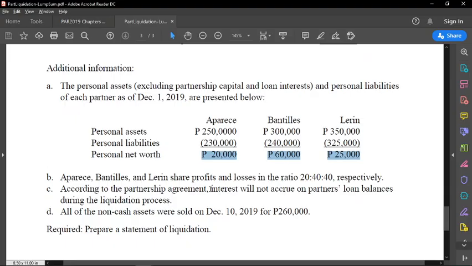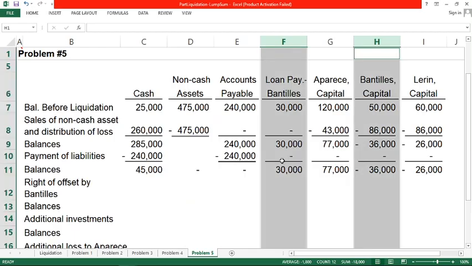Magkano daw yung net worth niya? Ayan, may 60,000 pa naman akong pera. So, kailangan kong mag-invest ng additional 36 kasi negative na yung balance ko. But wait, I remember. Oy, partnership, may utang ka pala sa akin na 30. So, instead na mag-invest ako ng 36, bayaran mo muna ako ng 30.